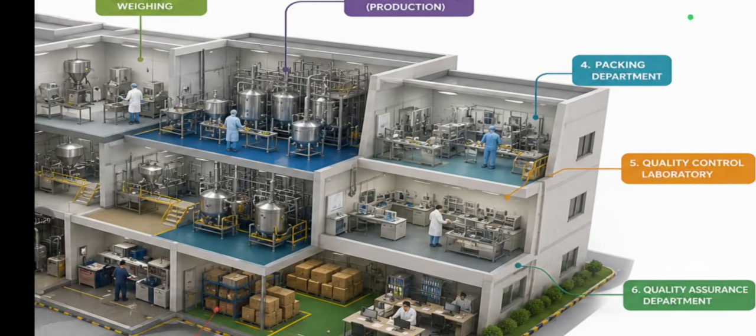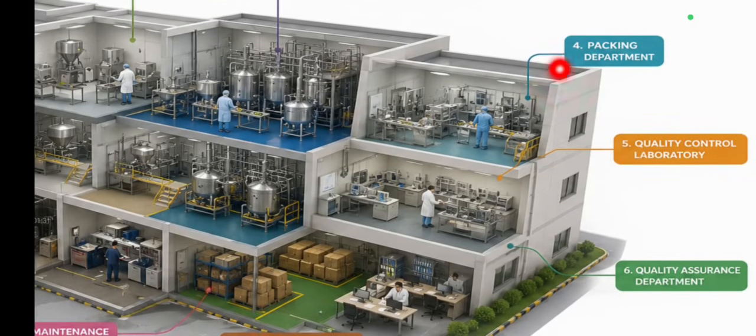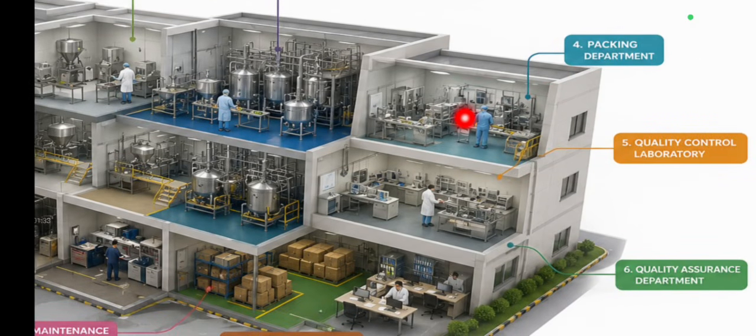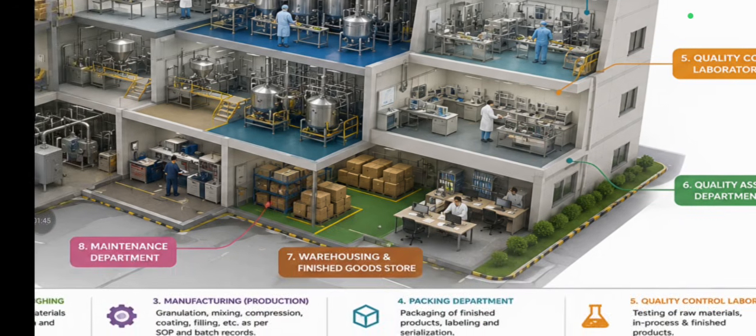After that, the packing area is available. It's a separate area. Then QC, quality control, where all the tests are performed. Then the quality assurance department, to assure the quality.